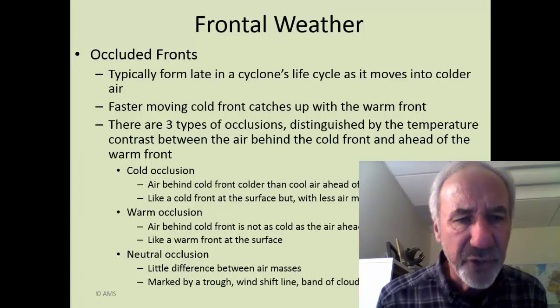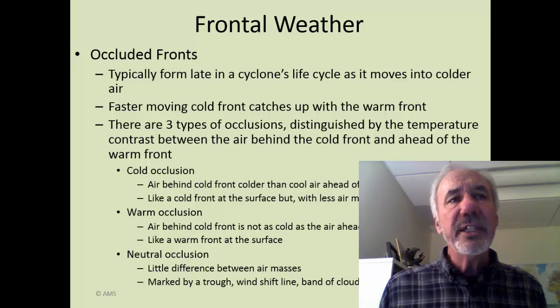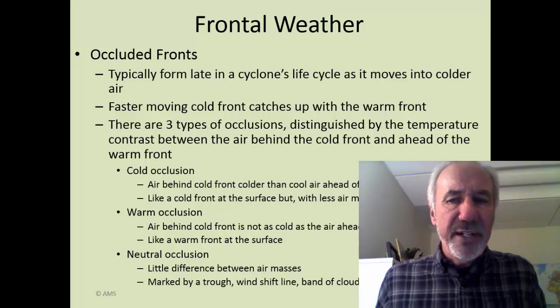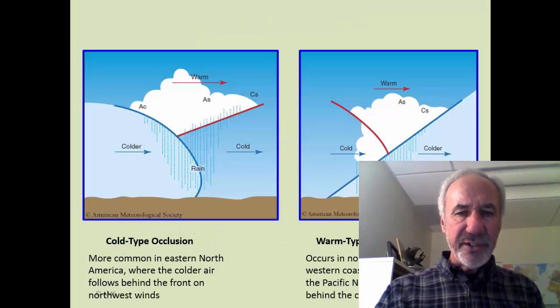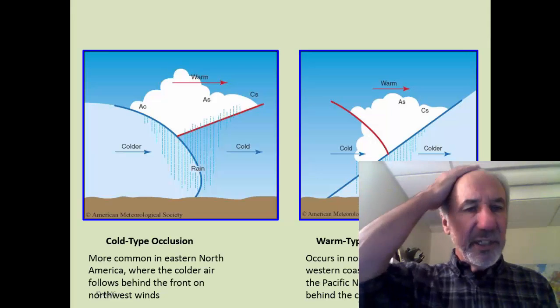A cold occlusion, that first bullet there, it's when the air behind the cold front is colder than that cooler air ahead of the warm front. And I'll show you a depiction of this in a second. Actually, let's take a look at it right now. The cold type. Look at the left here.